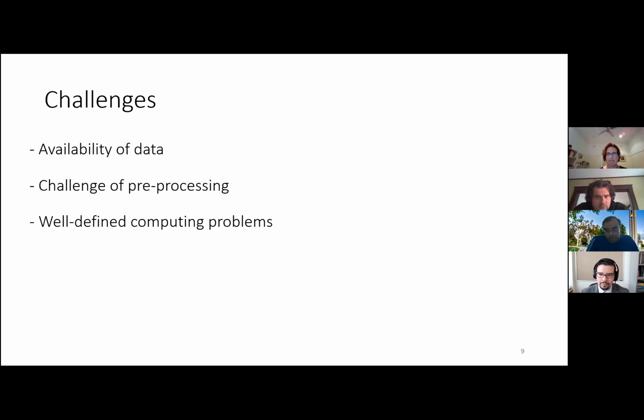And I think identifying well-defined computing problems has been a challenge. The reason why some people might think this is an easy problem is because we've probably failed to define precisely where the challenges are and what the difficult problems are here. So with that, I will stop and we can get into the panel discussion.